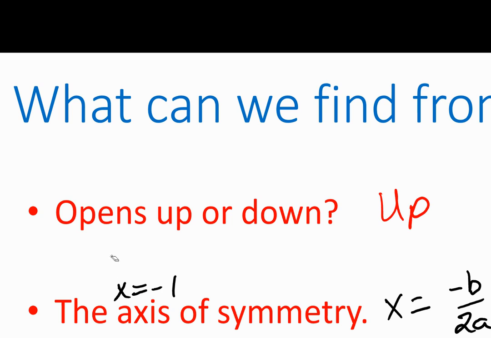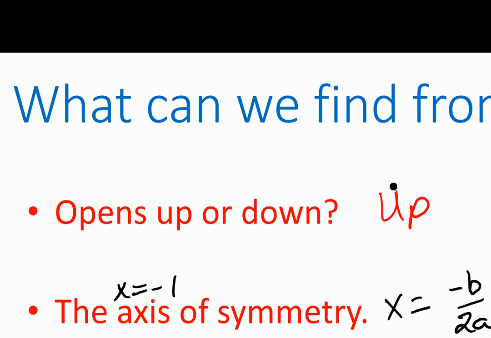And then what is the y-intercept? Looking at that equation in standard form, what's the y-intercept? Blake? 3. Okay, right here, this is the y-intercept. So if I were to graph now all this information, I want to graph x squared plus 2x plus 3.